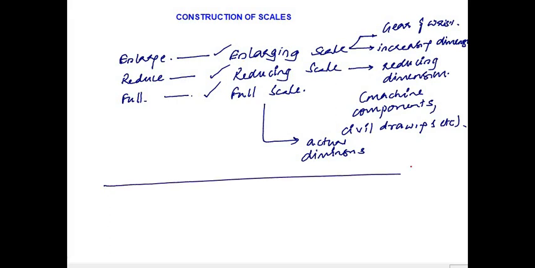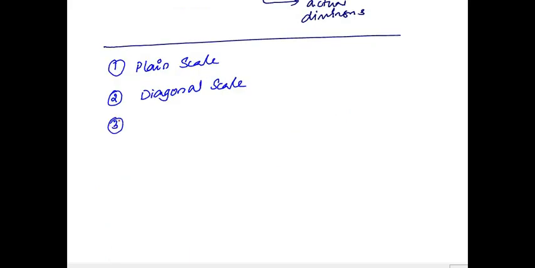However, today we are going to discuss construction of three different types of scales that is mentioned in your syllabus. There are 4 or 5 different types, but we are going to focus on 3 different types of scales. One is plane scale, diagonal scale, and third one is vernier scale.